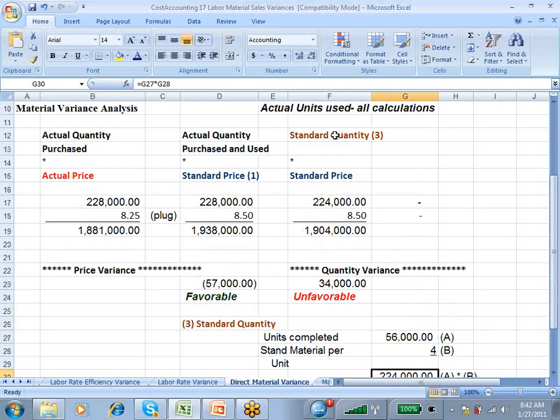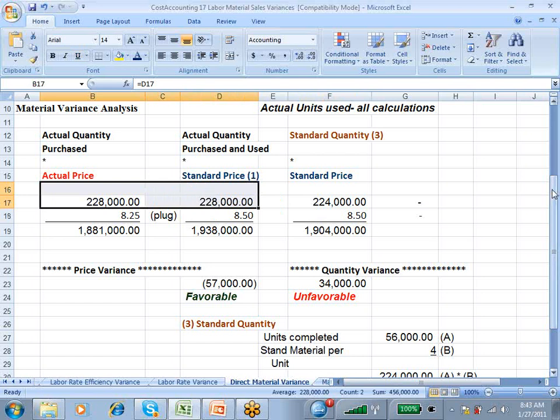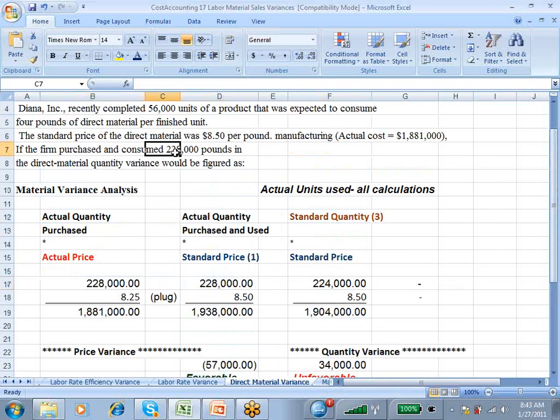That is the number that goes in my standard quantity, and you'll see that I have that footnote here. 224,000. This number is given. We multiply them together to get 1,904,000. Standard price is in both columns in blue, $8.50. The 228,000 was given in the question. That was the actual that was given in the question.